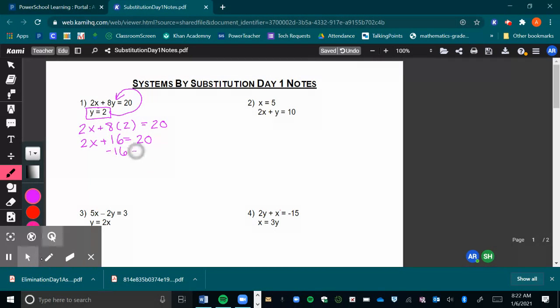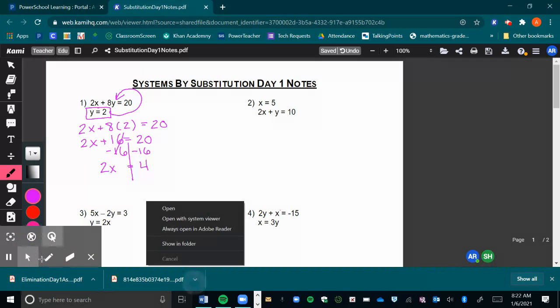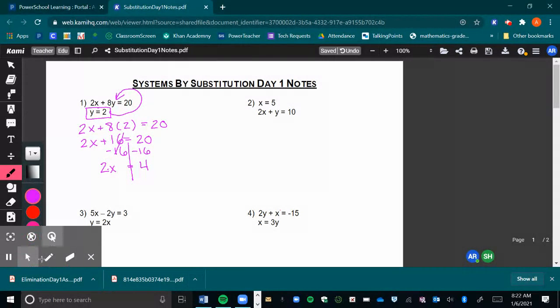Subtract 16 from both sides because I'm solving this equation. So I get 2x equals 20 minus 16, which is 4. 2 times x equals 4. To undo multiplication, I'm going to divide by 2 on both sides, and I get x equals 2.